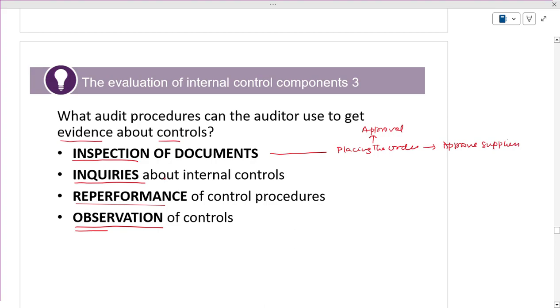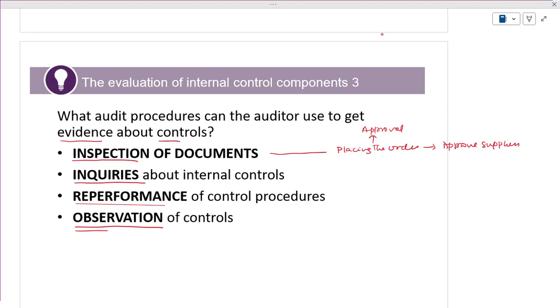We are inspecting both sides. You are going from the back to the front: what is the source document and what is the next document? Both should be verified. Not only should you have an approval, but you should also have approved suppliers. That is what placing the order means.